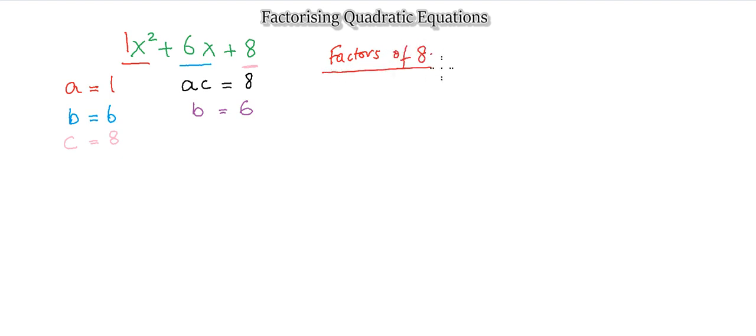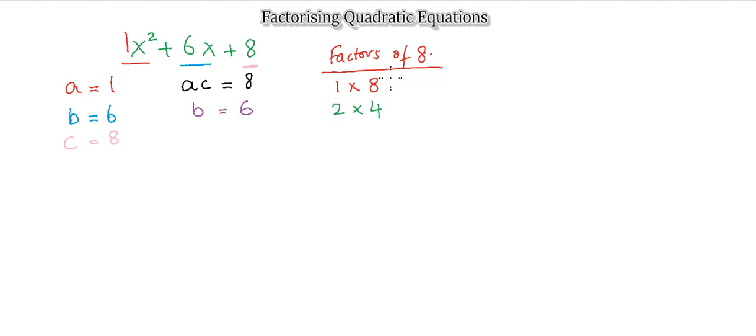we know that it would be 1 multiplied by 8. So 1 and 8 would be the factors. That's one situation. Or we can also have 2 multiplied by 4. So 2 and 4. Now, which one do we use? Are we using 1 and 8, or are we using the pair 2 and 4?